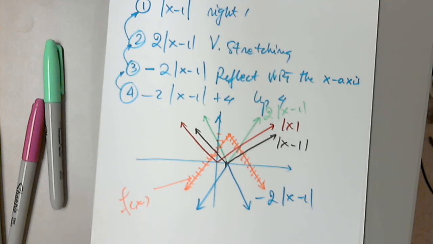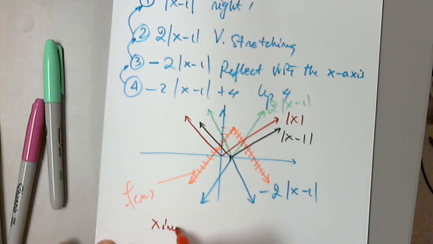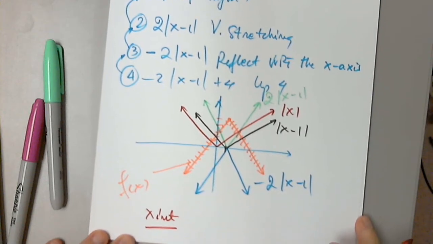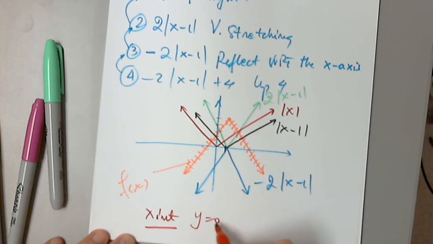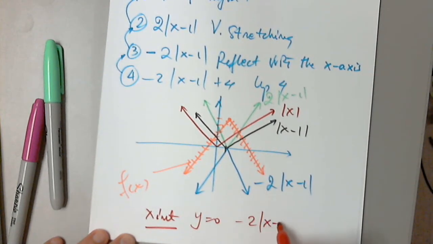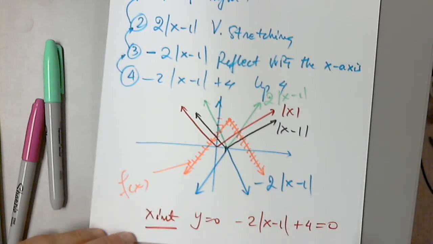Okay, for this function, I would like to find the x and y intercepts algebraically, because we know how. So how do I find the x-intercept? Very good. Indeed, thank you. So this is -2 times the absolute value of x minus 1, plus 4, equals 0. Can anyone identify the type of equation? We've discussed this. As you see, we can't leave anything behind.